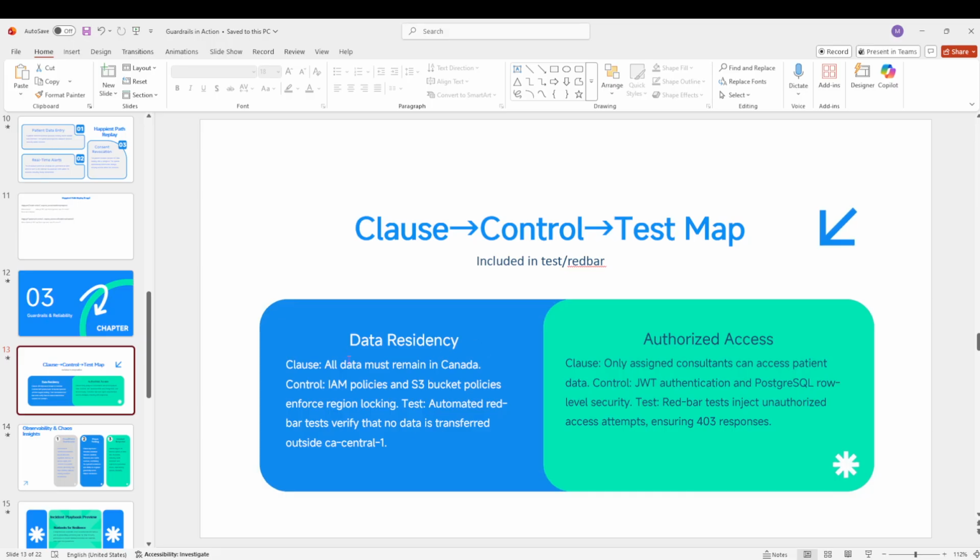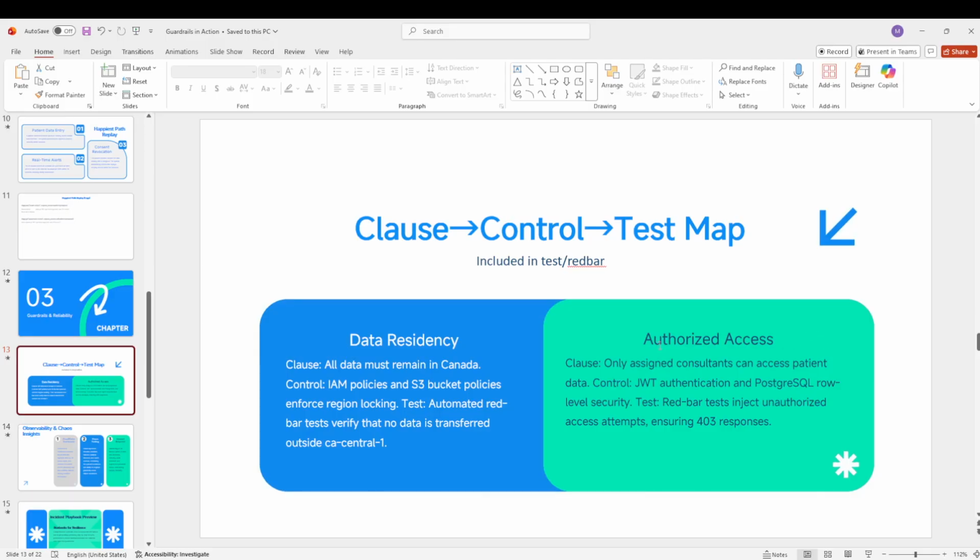So we have a data residency test, where all data must remain in Canada. We are controlling this using IAM policies and S3 bucket policies that enforce regional locking, and our test should verify that.